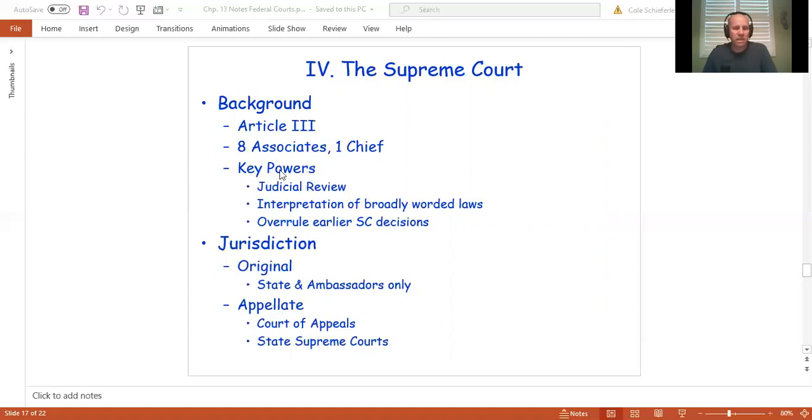So remember, a key power of the Supreme Court is the power of judicial review, which comes from what court case? Think, what court case? That's right, Marbury versus Madison, okay? I think I've given you this data before, but I'm going to give it to you again. Over 1,200 state laws have been overturned as unconstitutional because of Marbury versus Madison.